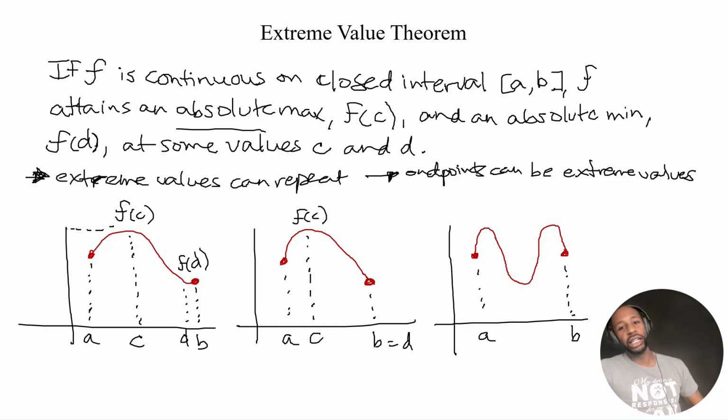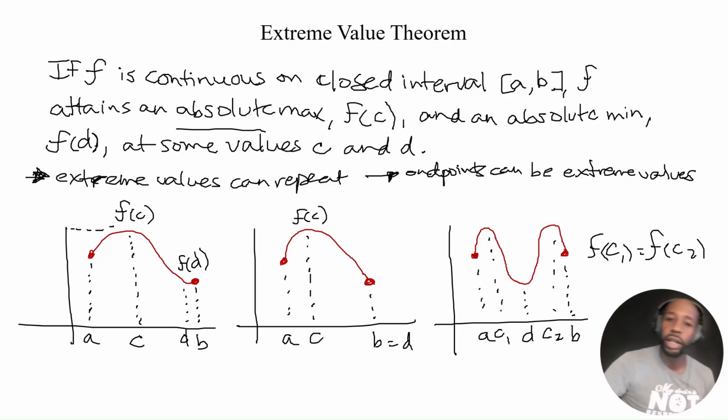And then finally, this illustrates what we said here. You have an absolute minimum here. But then if you look, you have what we'll call c1 and c2. So f of c1 is equal to f of c2.